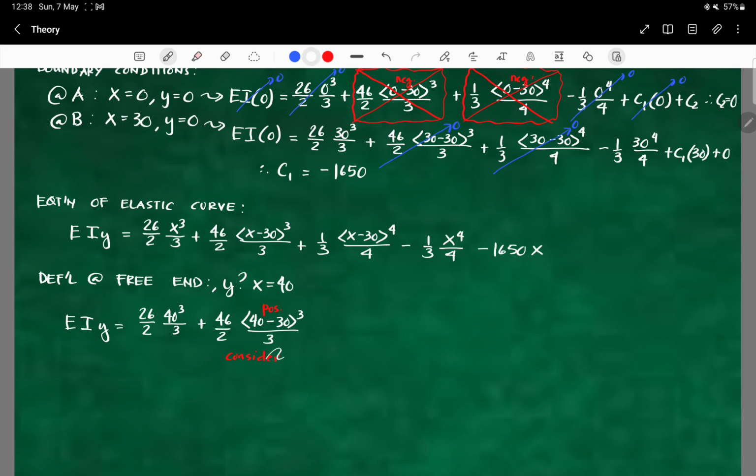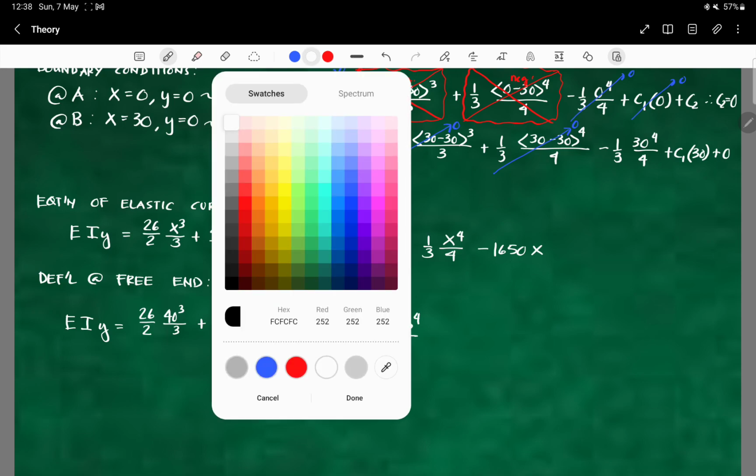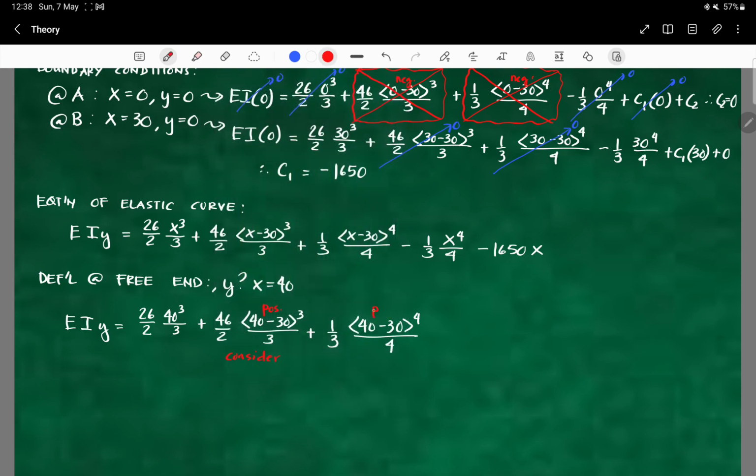Next, plus 1/3 of 40 minus 30 to the power of 4 over 4. Again, the value here is positive, so we need to consider this term in our calculation.